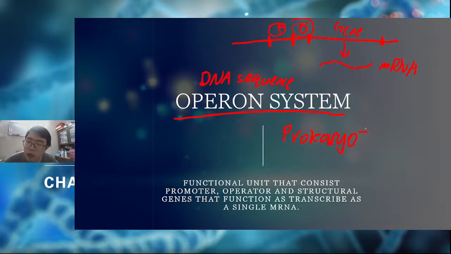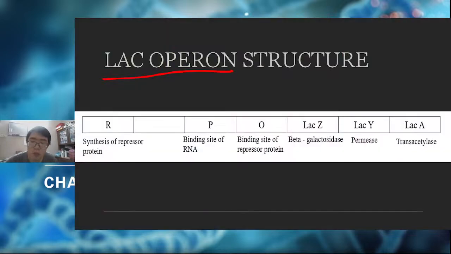We don't learn about the eukaryote one because eukaryote is more complex compared to prokaryote. One example of an operon system in prokaryotes is the lac operon system. This is the lac operon structure. The definition of the operon system is from here until here. It contains promoter, operator, and also structural genes.